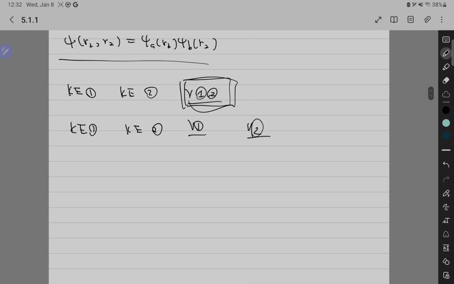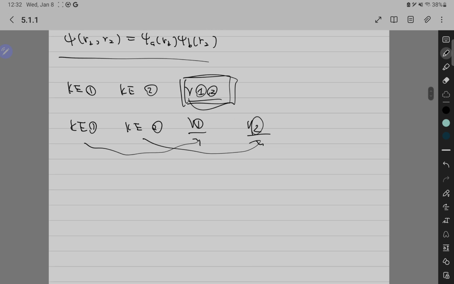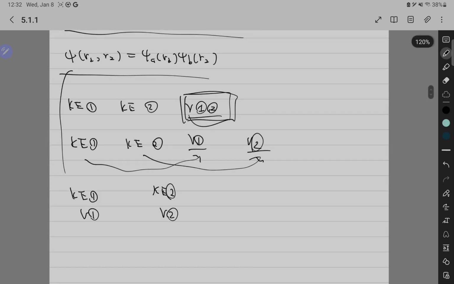And if they're no longer bound, then we can write our wave function as a product of KE1 and V1, KE2 and V2, right? Since the potentials are no longer bound together, we can group KE1 with V1, and KE2 with V2, and that is what's happening in our case here.